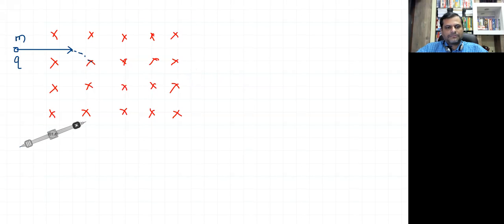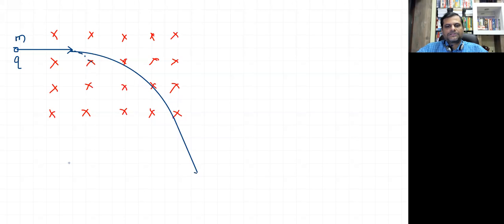Okay, suppose that we have this center. Suppose the particle revolves in a circle like this, and after this point, it will just escape from the magnetic field, and so it will just move in the straight line afterwards.